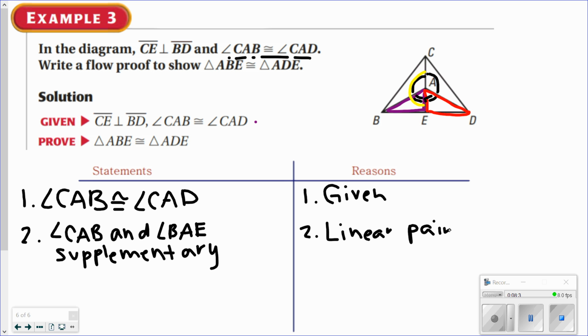All right, so I have another set of supplementary angles, so let's write those out. Angle CAD, the first angle I drew, and the angle with two tick marks, which is angle DAE, are supplementary.